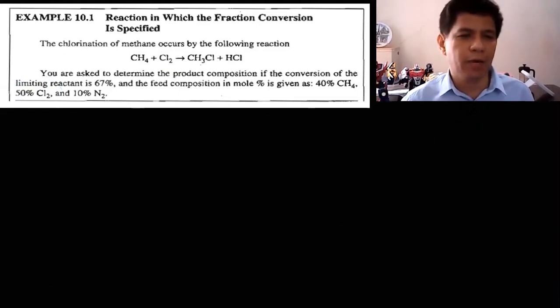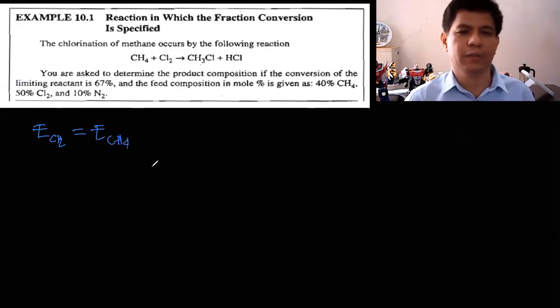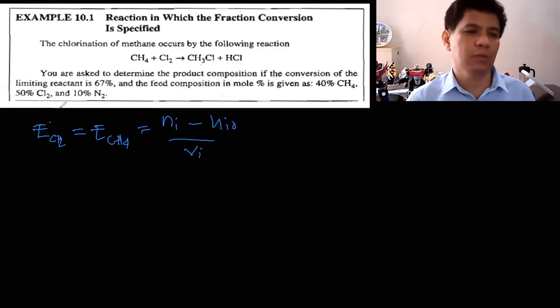Okay, let's try to calculate Cl2. So basically, in order to calculate Cl2, we will use the ECl2. This is just the same as ECH4. ECl2 and ECH4 are equal, because they are just one reaction. And then this is still our equation. N sub I minus N sub IO divided by B sub I. So notice that in the case of Cl2, we know this, and we also know this, it is 50. Then the B sub I is negative 1.